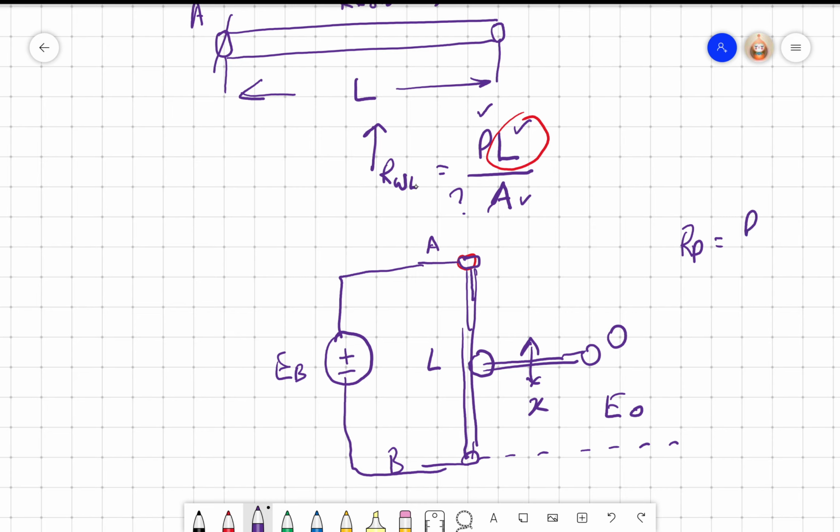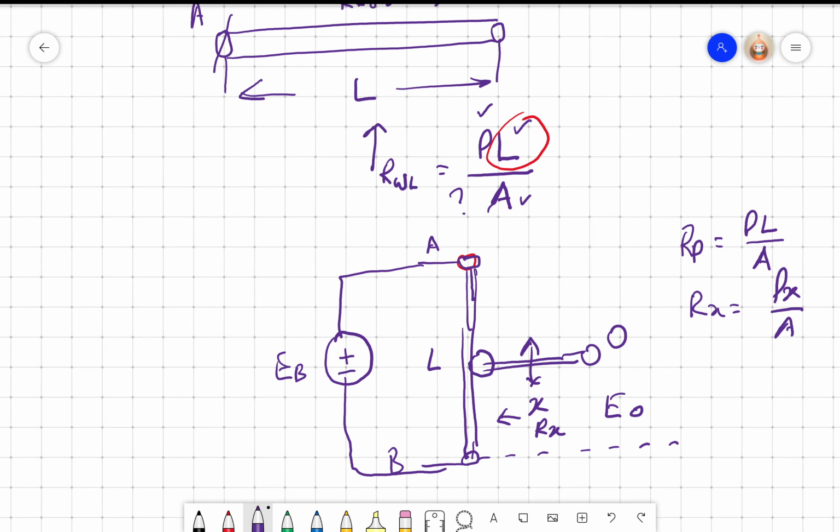and the total resistance RP would be rho L by A. Rx would be rho x by A, where x is the distance the wiper has moved.